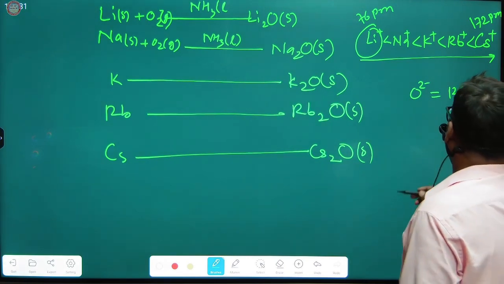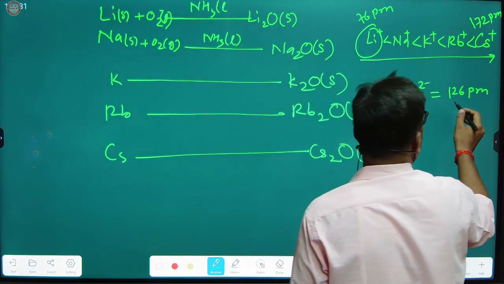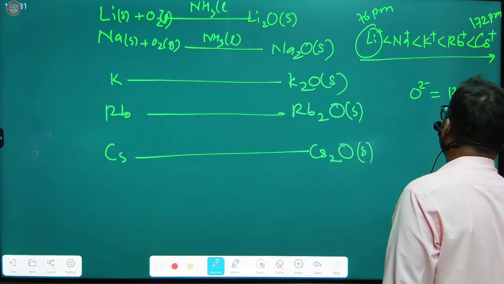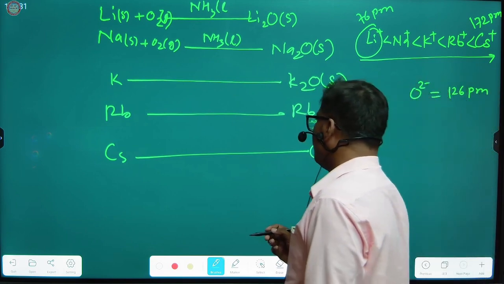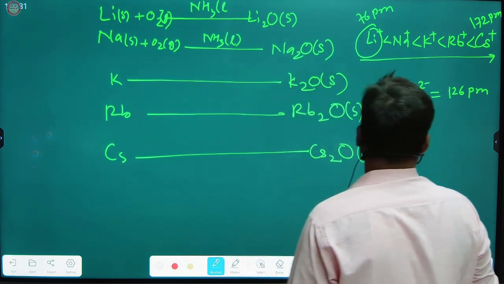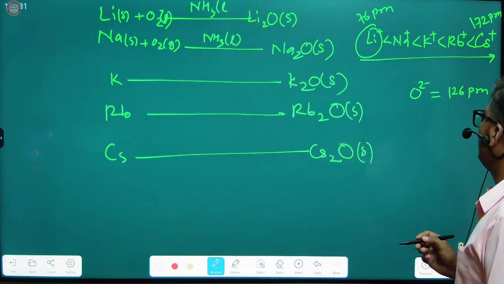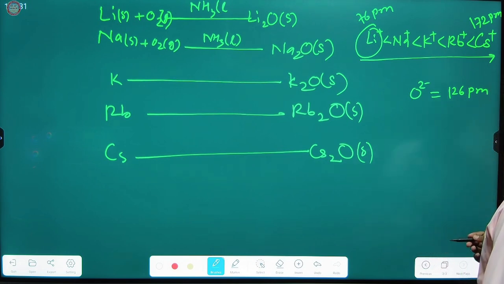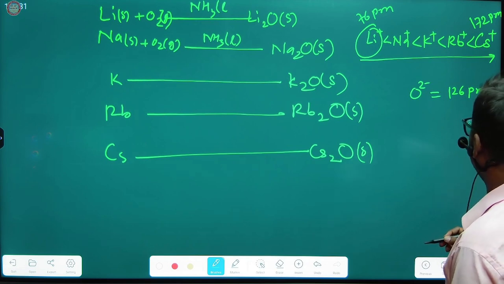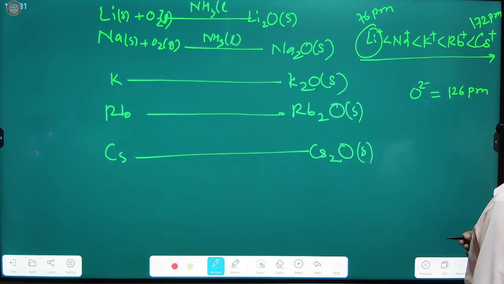So, and oxide ion has 126 picometers, which means cations are smaller than anions. Okay, so a small cation will polarize larger anions effectively, according to Fajan's rule.